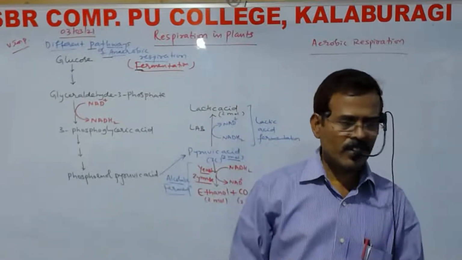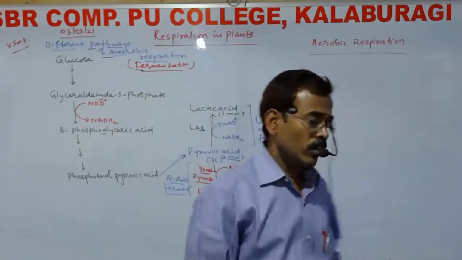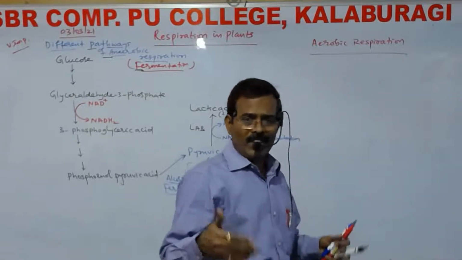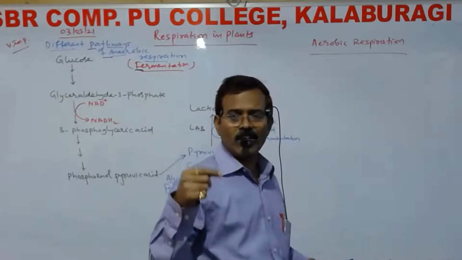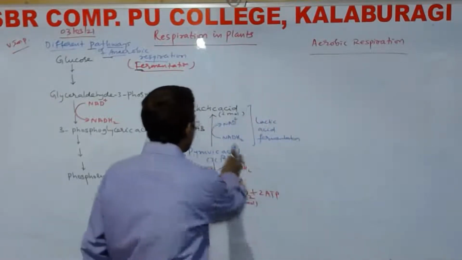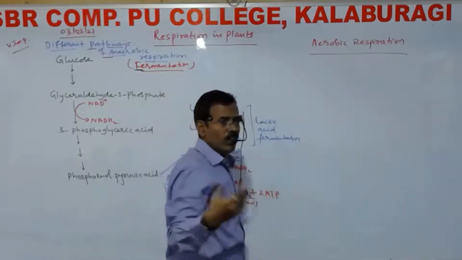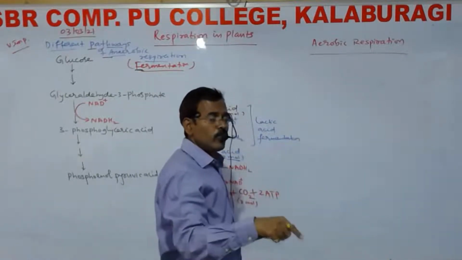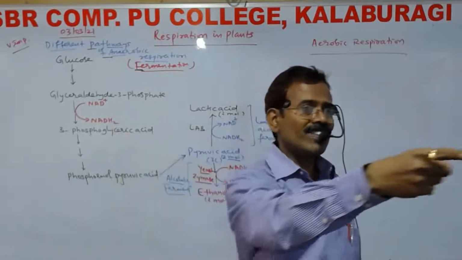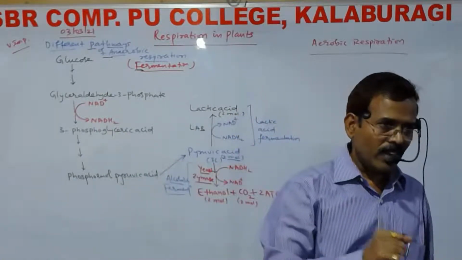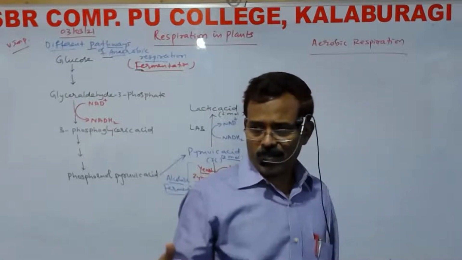Before the Krebs cycle commences, there should be a preparatory step, the link reaction, or gateway step. Directly, pyruvic acid cannot enter the Krebs cycle. Hence, the pyruvic acid molecule is converted into 2-carbon acetyl coenzyme, and there is a synthesis of NADH2.